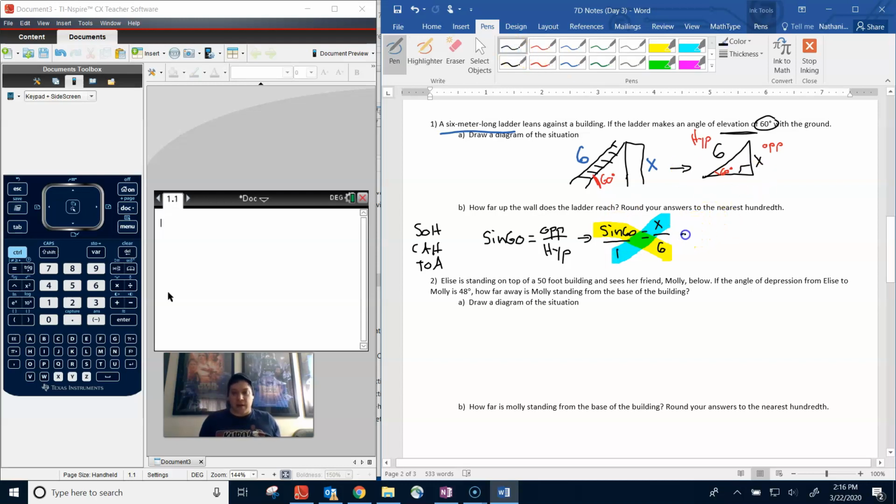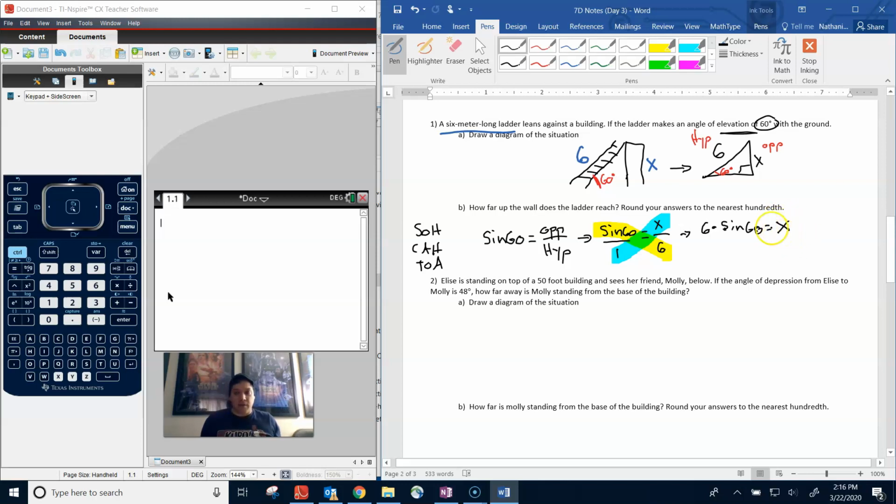So then let's write that out. We would have 6 times the sine of 60, which is equal to x times 1, which is just x.